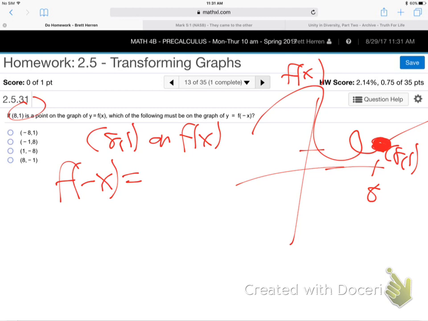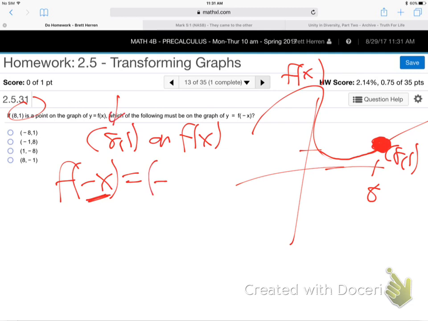So we're learning about how things move when you fiddle with their equations. I don't have any idea what the function looks like, but I know the point over 8 up 1 is a dot on the original graph f of x. And then, if you change this to a new equation, f of negative x, where's the point 8, 1 going to go? Well, what does the negative on the x do?